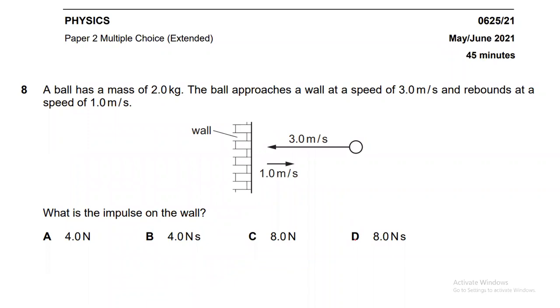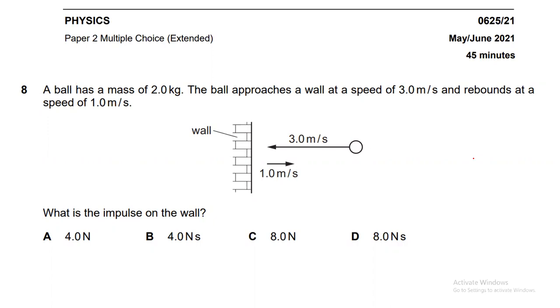So here we have the May, June 2021 2-1 paper, question number 8. A ball has a mass of 2 kg.